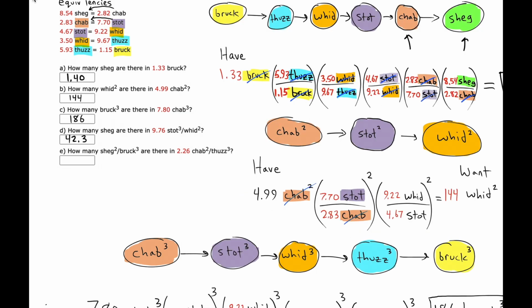Okay, last part of this is to convert chab squared over thuz cubed to sheg squared over bruck cubed. That's converting a rate to a rate.